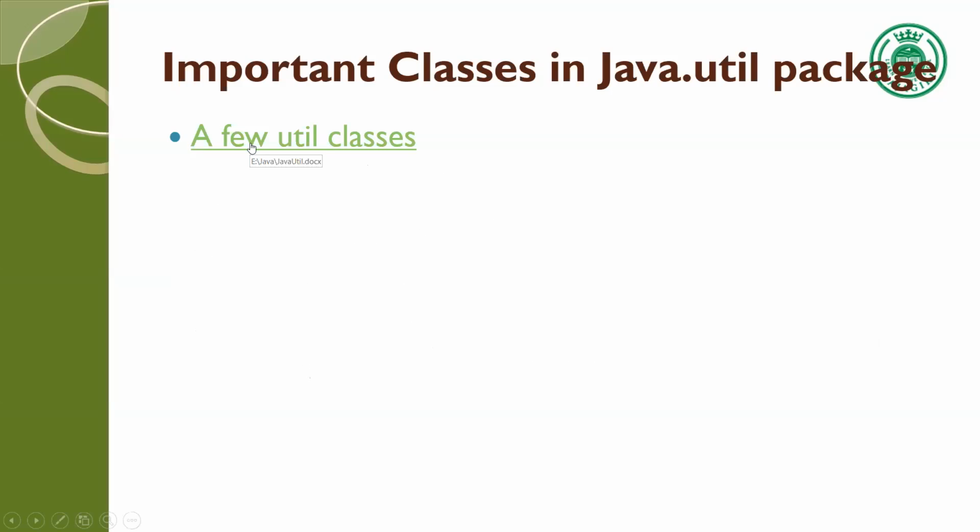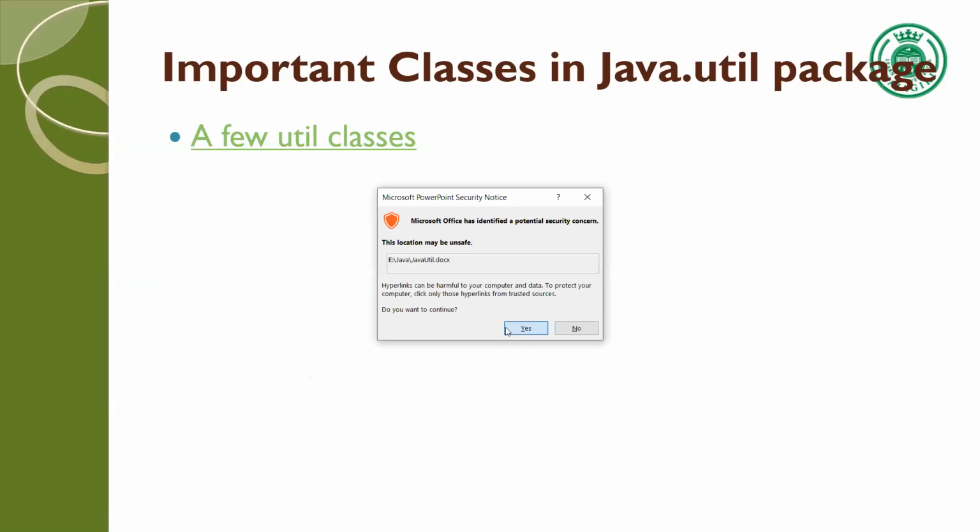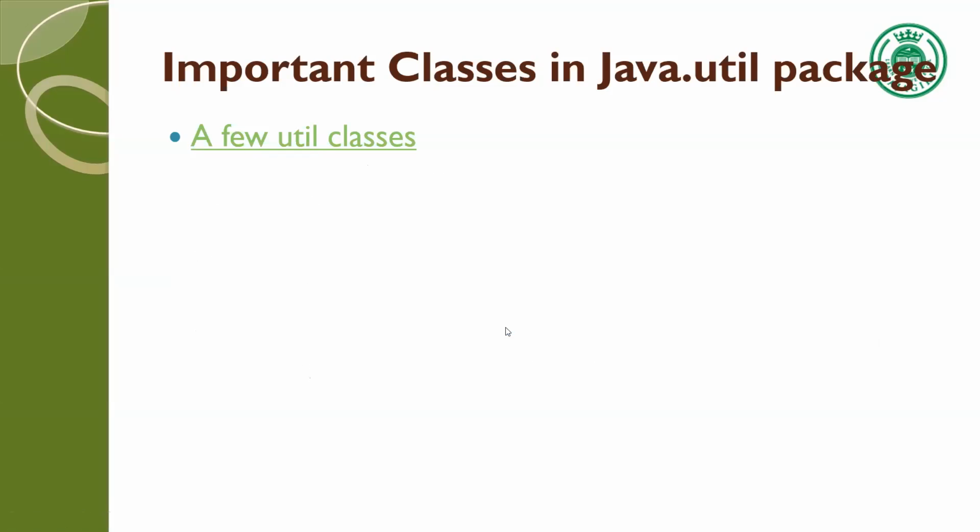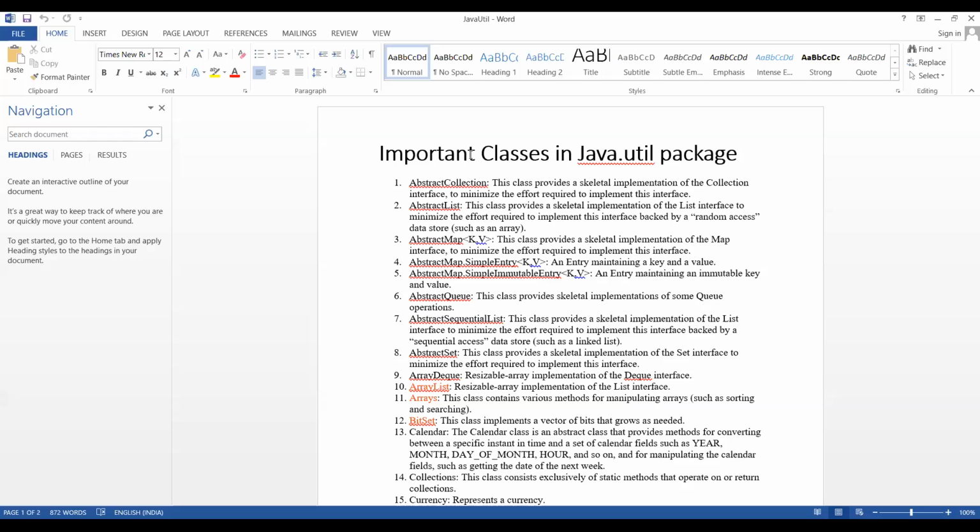Before we go into the differences between collection and collections, let's see a few utility classes which are available in Java. I've just listed a few important classes in the Java util package. There are much more, you can quickly go through them.